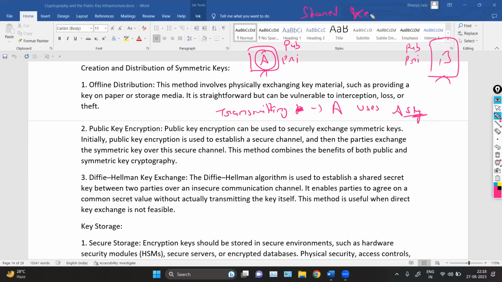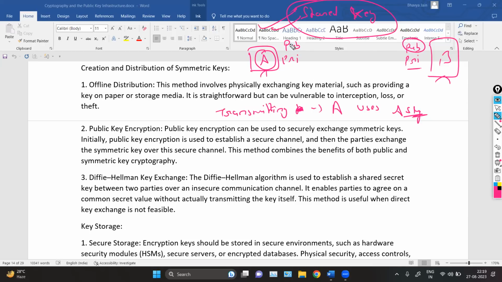A will encrypt the shared key with the help of B's public key, and at the receiver side, B will decrypt the shared key with the help of the private key. That is asymmetric, so this is a secure channel. Now the key has been transferred.